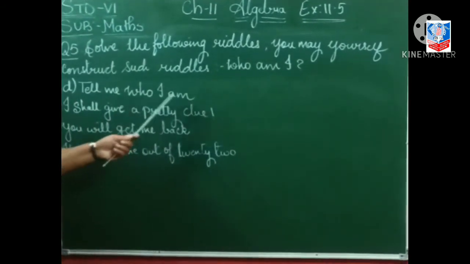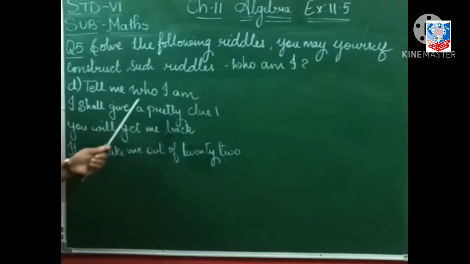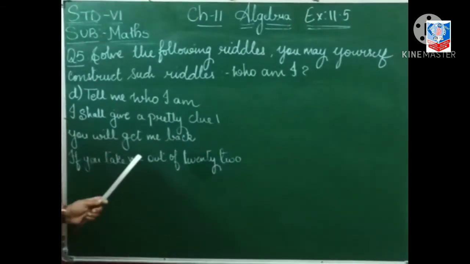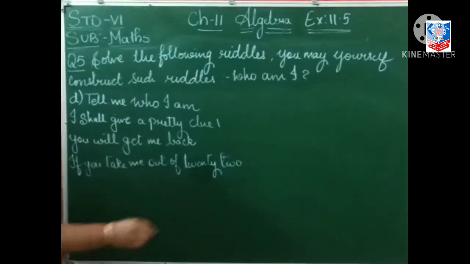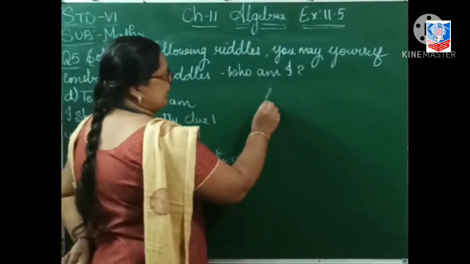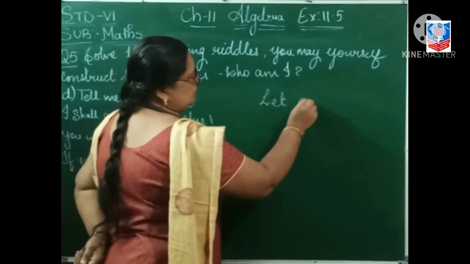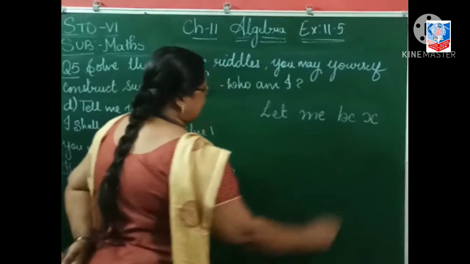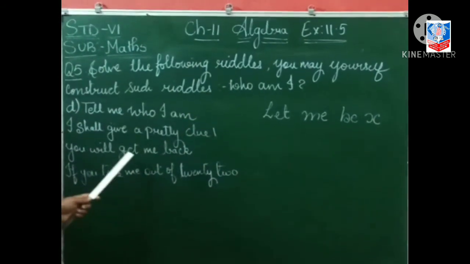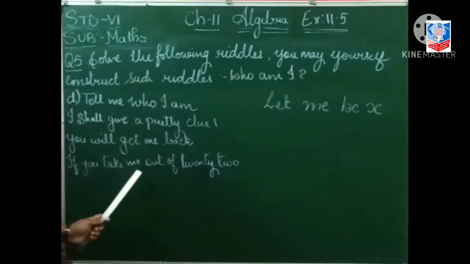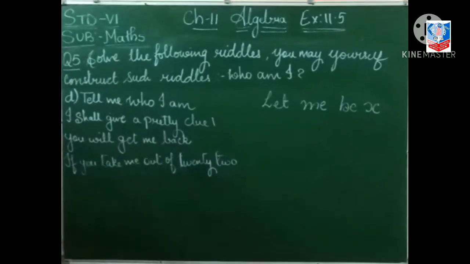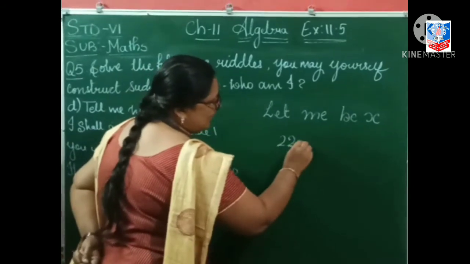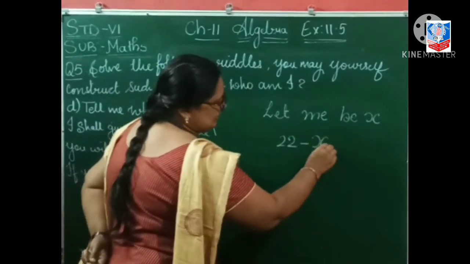Tell me who I am. I shall give a pretty clue. You will get me back if you take me out of 22. So, let me be x. Then, you will get me back if you take me out of 22. So, 22 minus x.